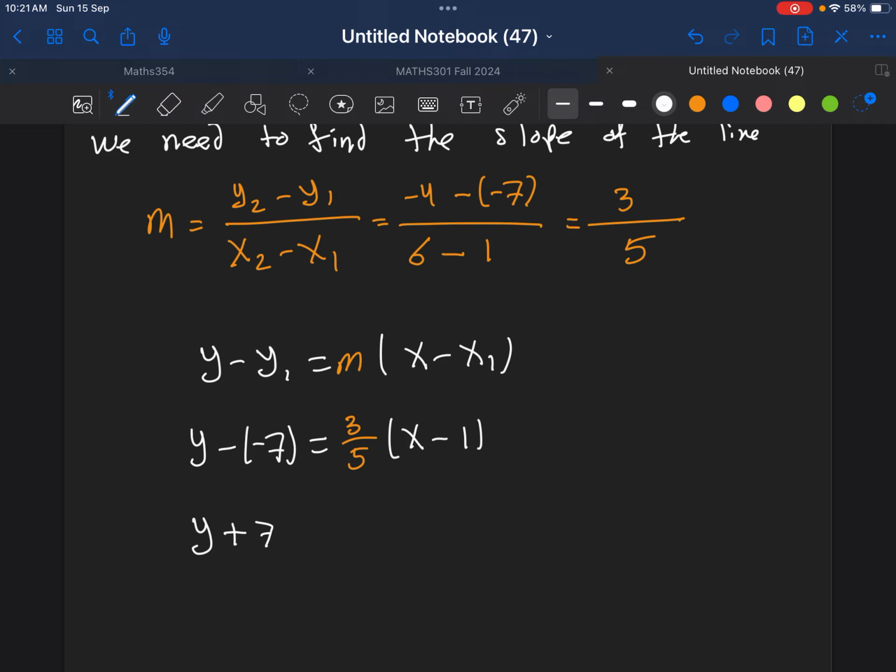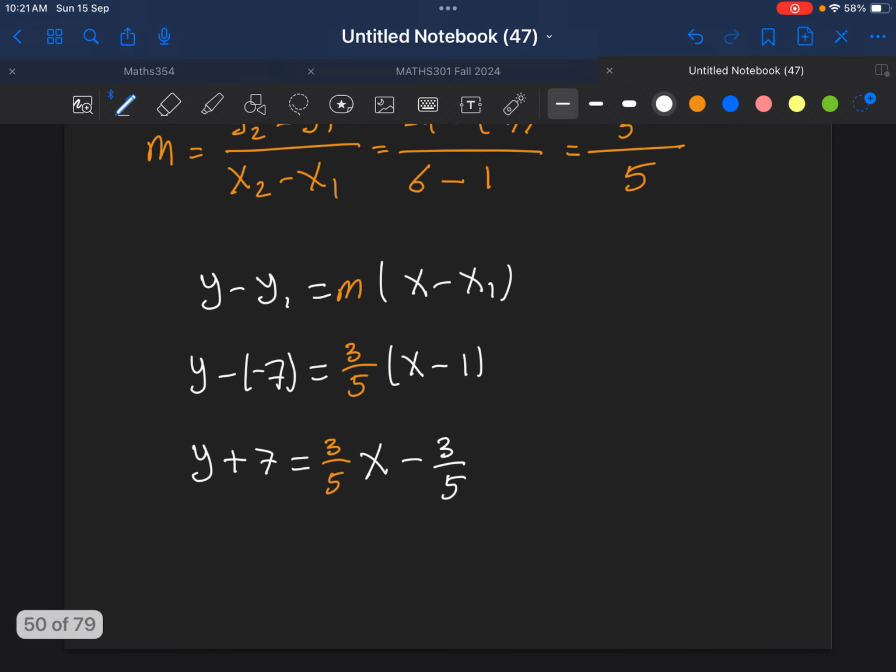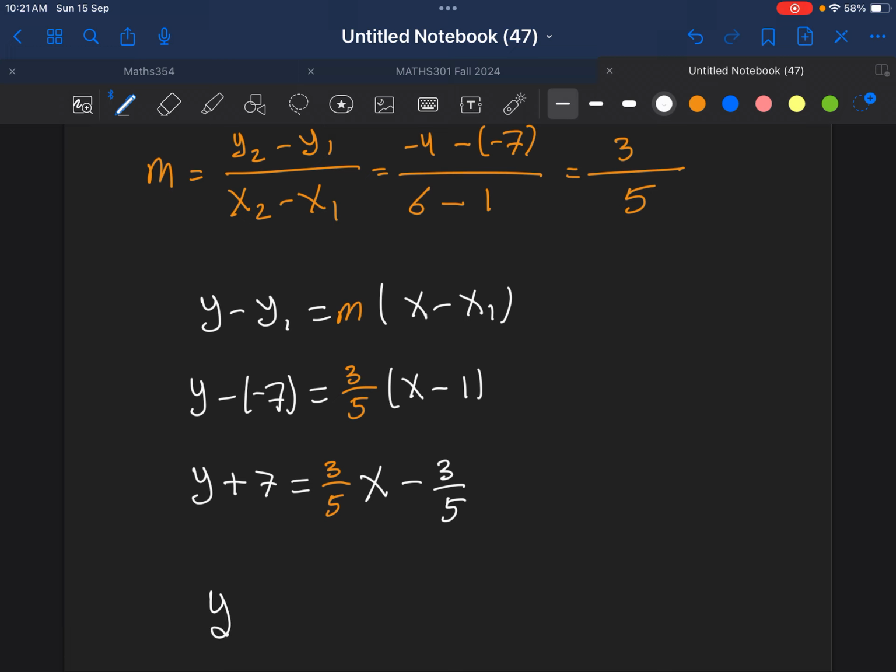Of course, this will be y plus 7 equal 3/5 distributed, so it will be 3/5 x minus 3/5.